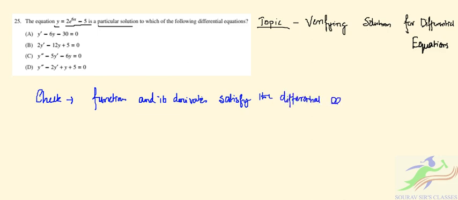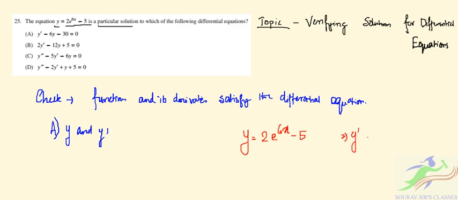So the differential equation in this option involves y and y prime, right? If we go through this particular option A, the correct derivative must be computed and the algebra correctly done to verify that the differential equation is satisfied. The equation is given as y equal to 2 e to the power 6x minus 5. From here we can easily calculate y prime equal to 12 e to the power 6x, right?